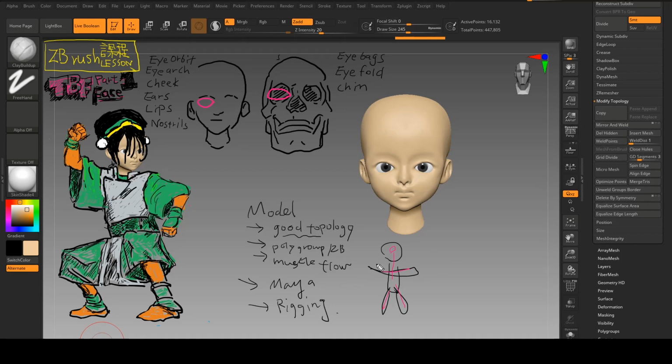This is not rigging, and also you need to know about skinning.